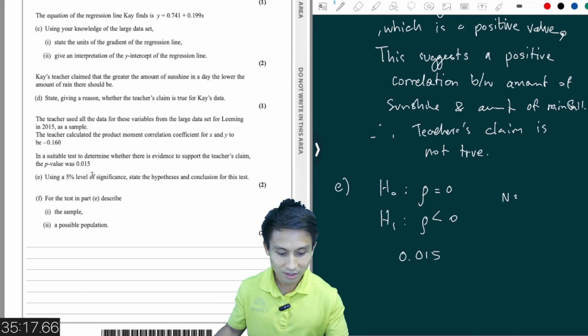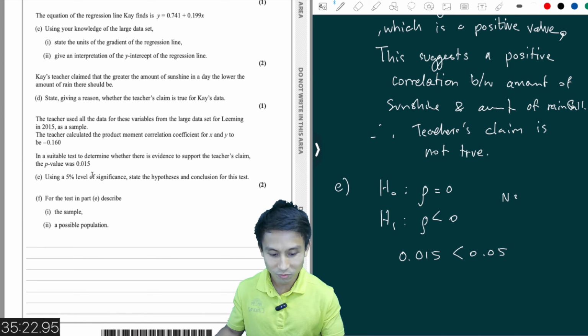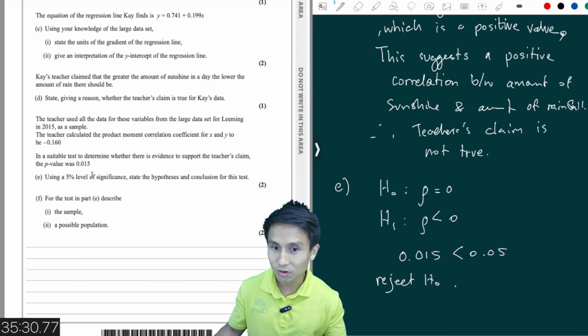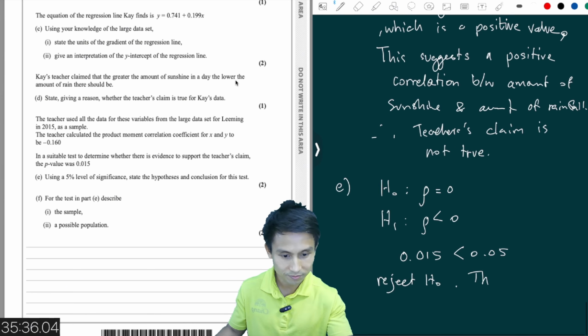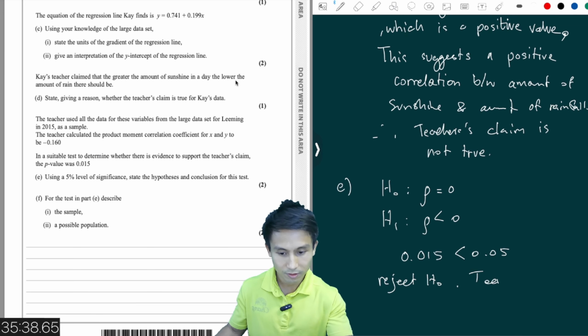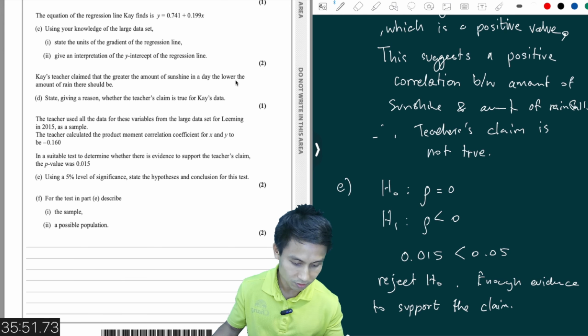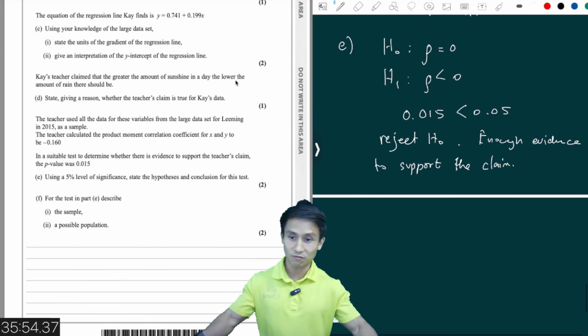Because 0.015 is less than 0.05, therefore reject H0. Therefore, there is enough evidence to support the teacher's claim that it should be a negative correlation.